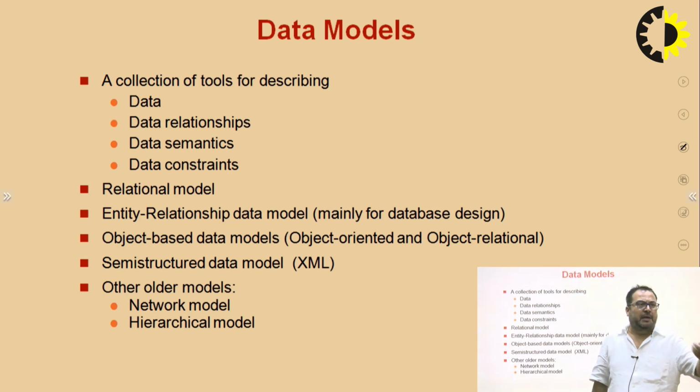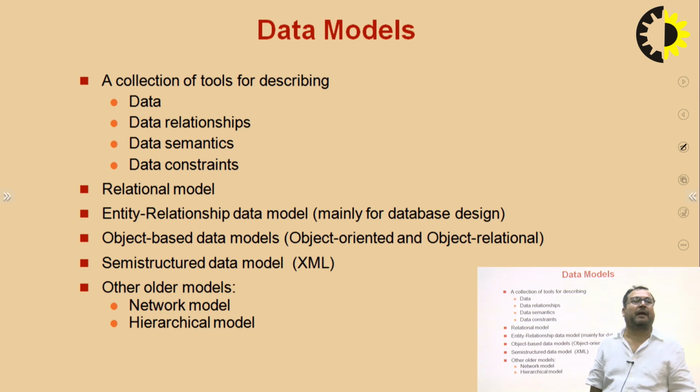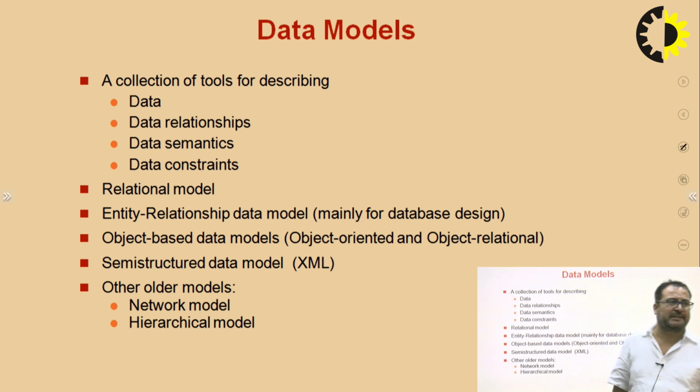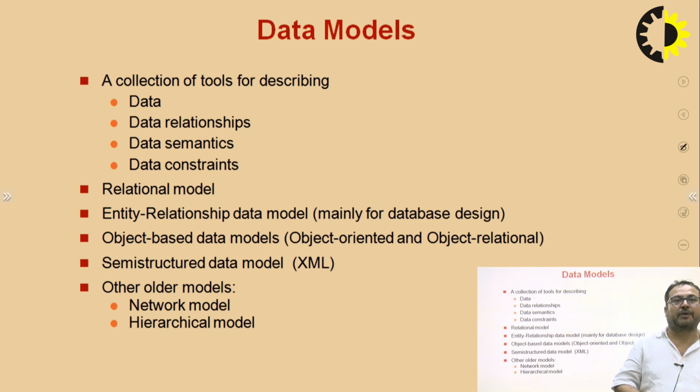These are a few data models: relational, ER, object oriented, semi-structured. Mainly four models are used, along with the older hierarchical and network models. The relational model means you maintain data in a tabular format, which is called structured data.